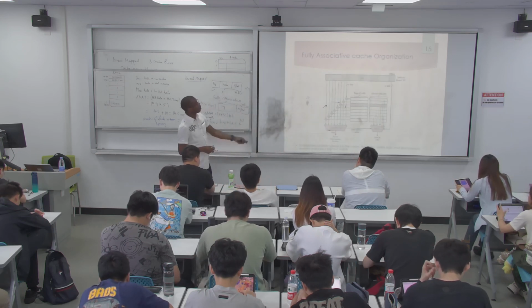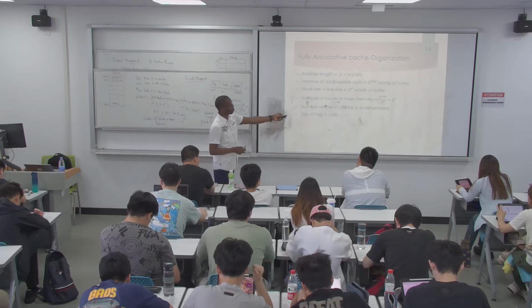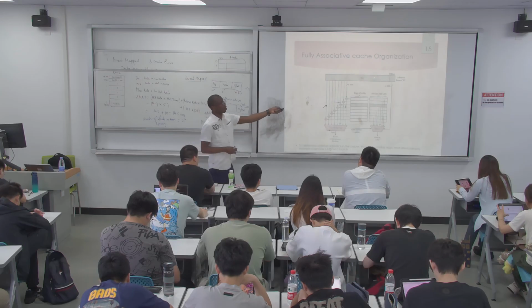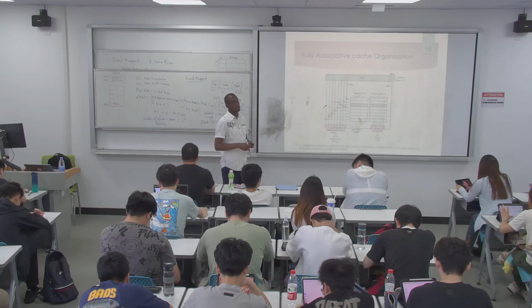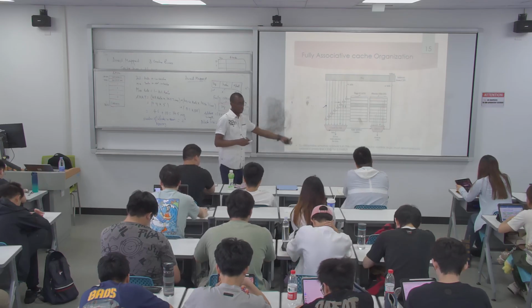But for fully associative, it is quite difficult to find the total number of lines in the cache because we don't know the line numbers. We don't know the total number of bits which are set to the index.